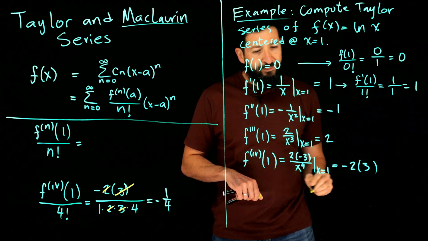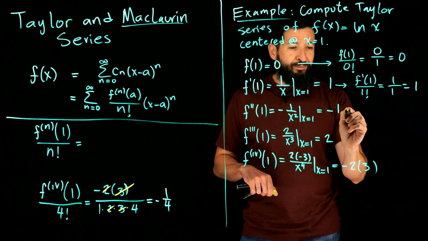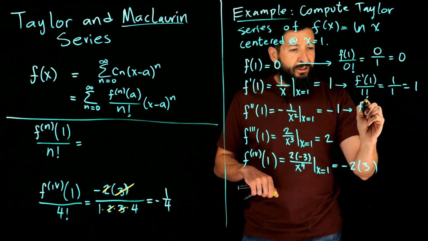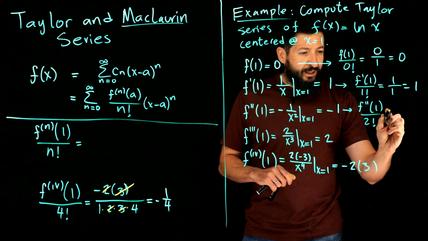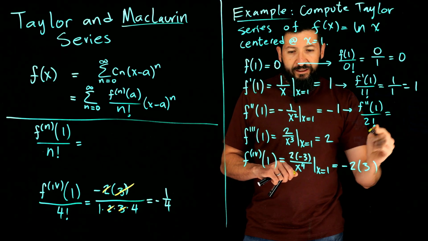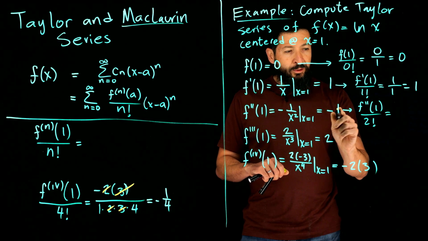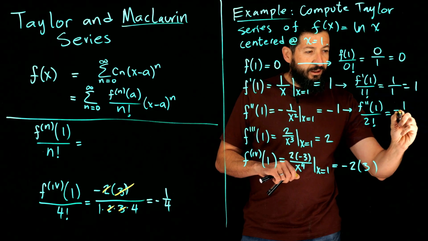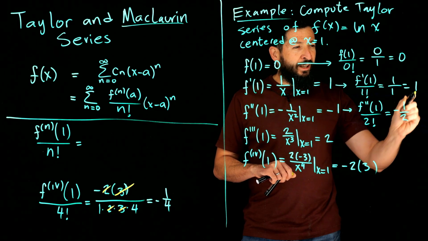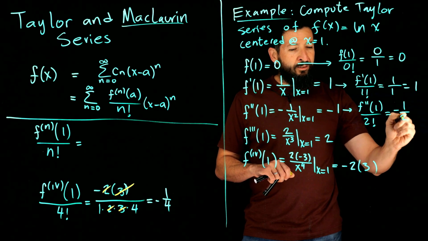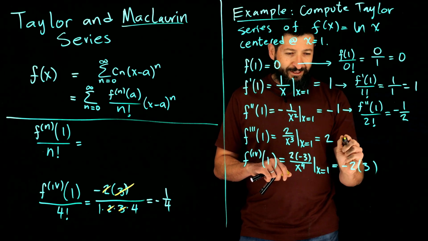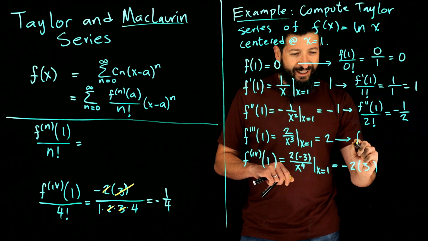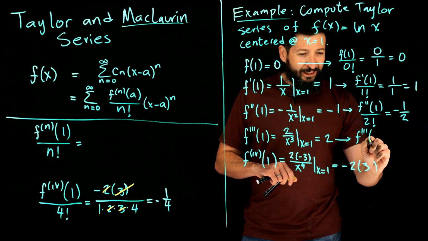Now let's compute the second derivative over 2 factorial. The second derivative at 1 is negative 1, so that's negative 1 over 2. So you see I have 1 over 1, negative 1 over 2. Let's see if this one becomes 1 over 3. I know it's going to be that, but I'm trying to add a little drama.